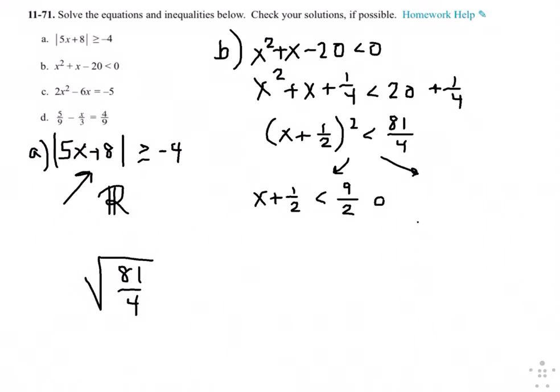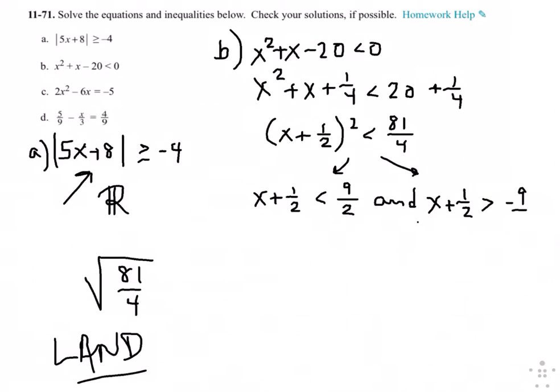And remember, less than is "and". So x plus 1/2 is greater than -9/2. I subtract 1/2 over here, so x is less than 9/2 minus 1/2, which is 8/2, that's 4.